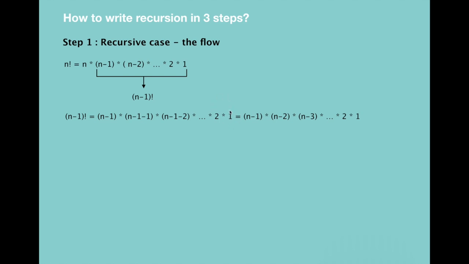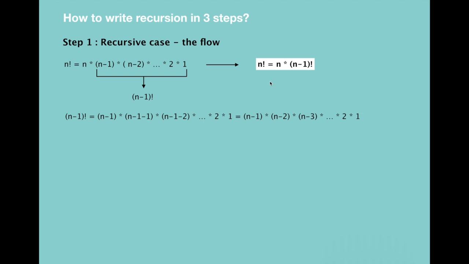If we do some calculation here, we get the value over here, and you see that this expression is equal to this expression. So this means that we can change our function to something like this: n factorial is equal to n multiplied by (n-1) factorial. In this case, we have successfully found a recursive case, which means that on both the left and right sides of the equation, we have factorials.